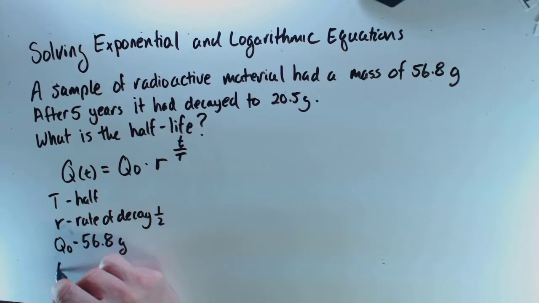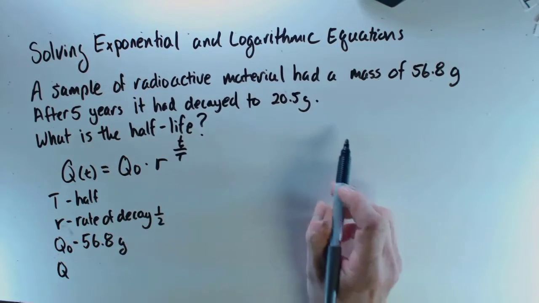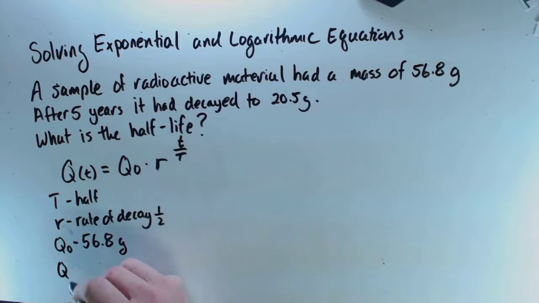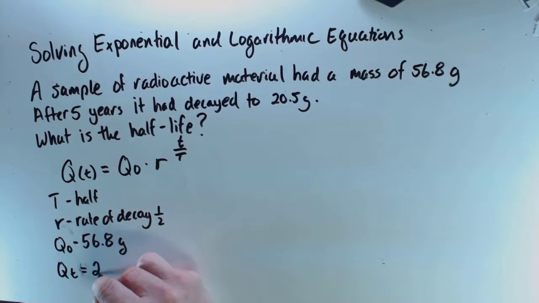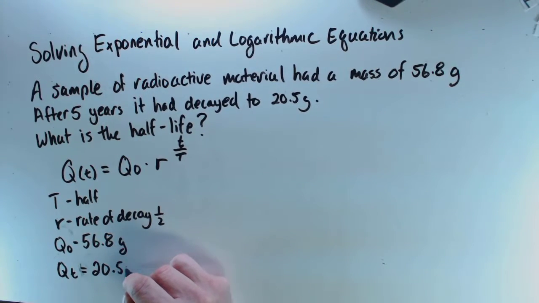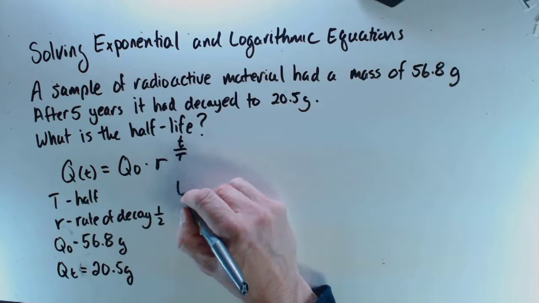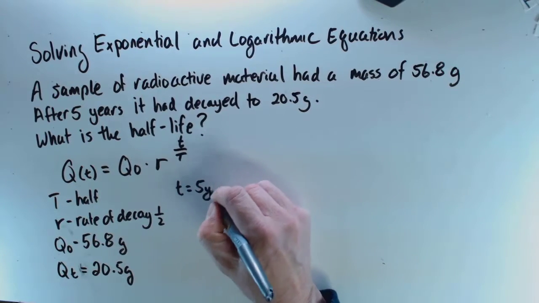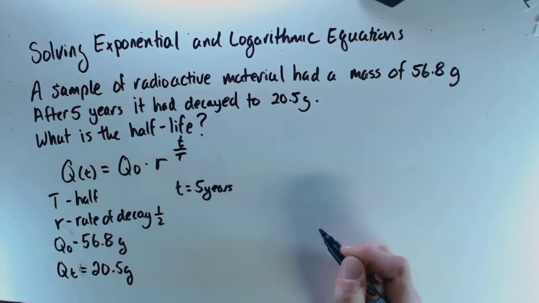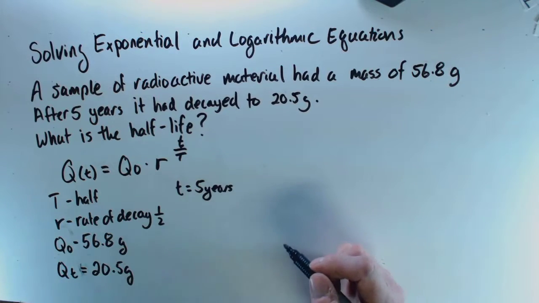Quantity at time t, which is quantity after 5 years, is 20.5 grams, and of course the time, t, is 5 years. So there we go. We've gleaned all of our information out of this statement.